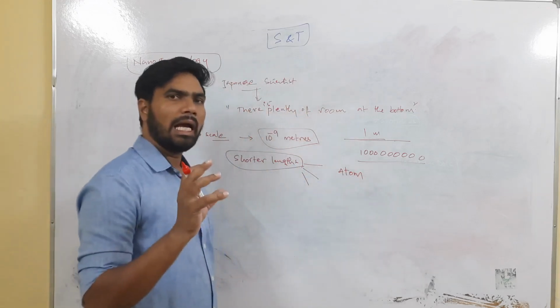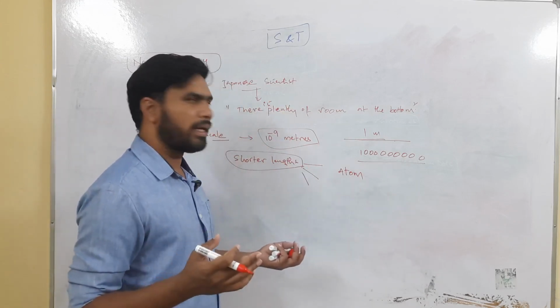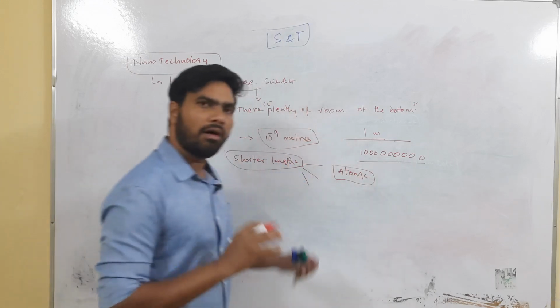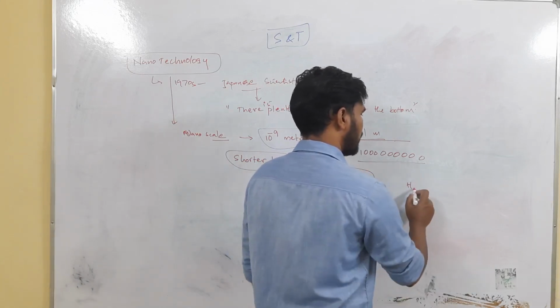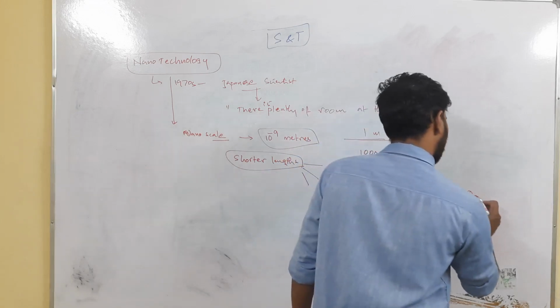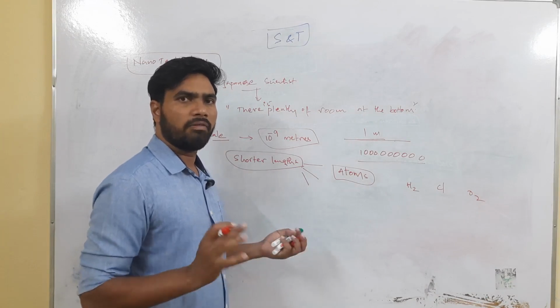You know very well, everything in this universe is made up of atoms. Atoms are the basic building blocks of all materials. For example, hydrogen is an atom, chlorine is an atom, oxygen is an atom.